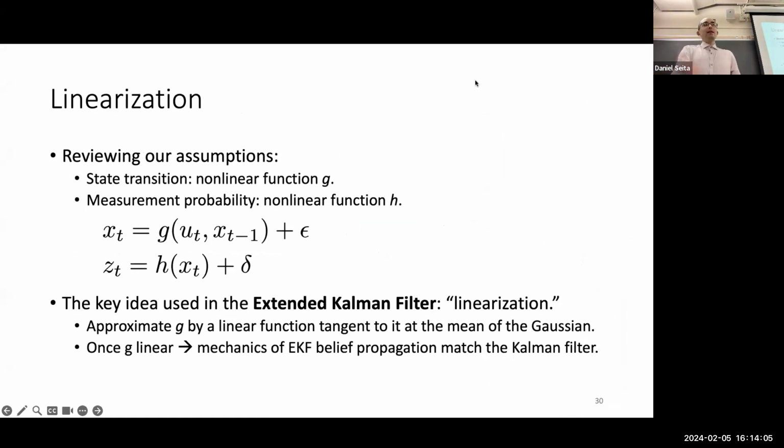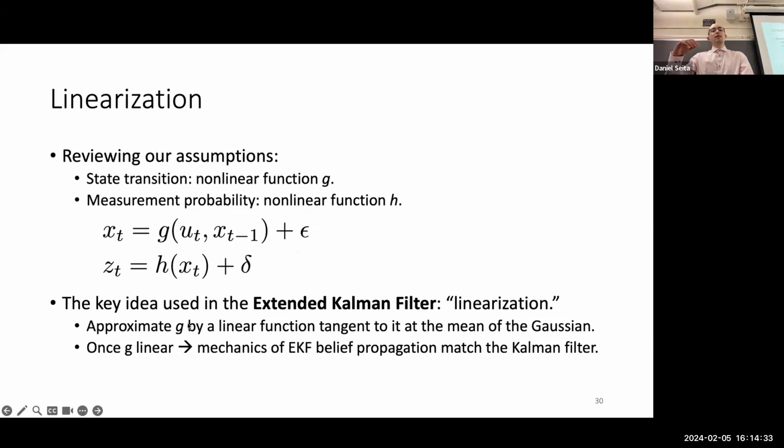So, going back to the linearization thing. We assume that our state transition and our measurement probability have some noise, but they now use nonlinear functions G and H. The key idea of what we call the extended Kalman filter is to approximate G by a linear function.